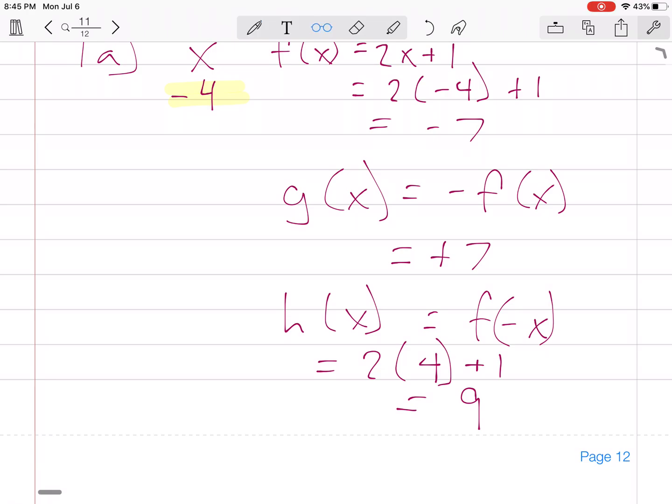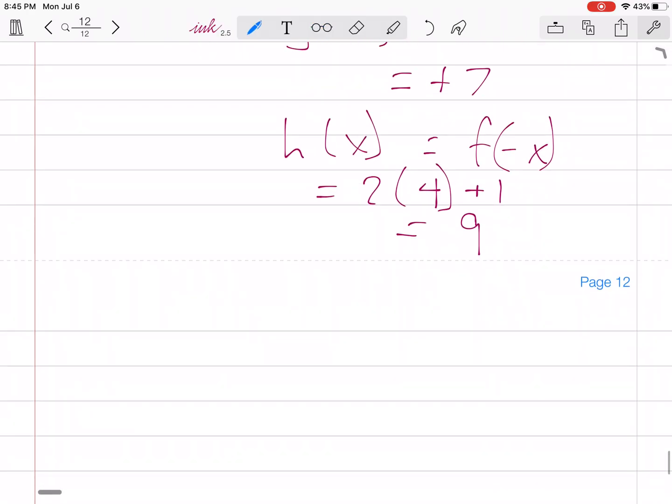The next question we'll go over is number 5. Number 5 is a good question because it kind of summarizes the differences between the stretches and the reflections. Okay, so it's basically saying you've got some original function f(x), and let's say f(x) contains some coordinates x, y.